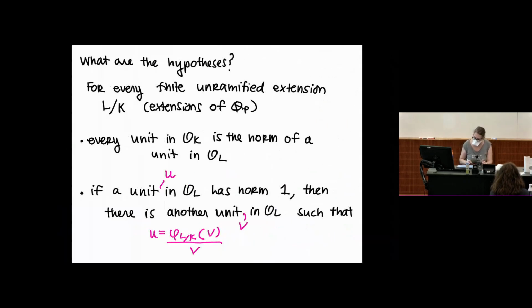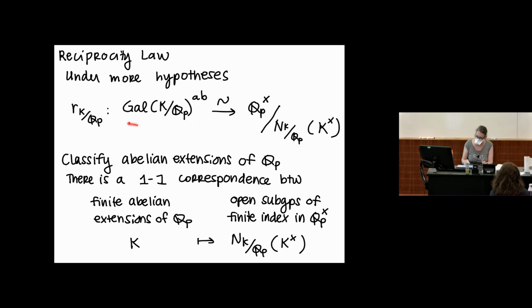And then we're actually able to make it, pardon me, an isomorphism on the abelianization. So here, I mean, there's more hypotheses, but this is for all K over Q_p finite, that you get this reciprocity isomorphism.